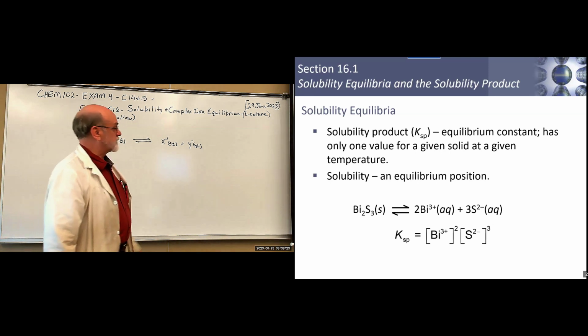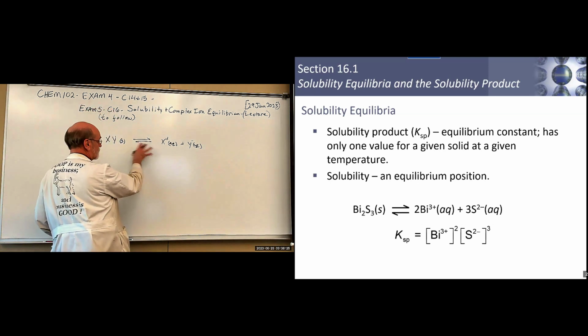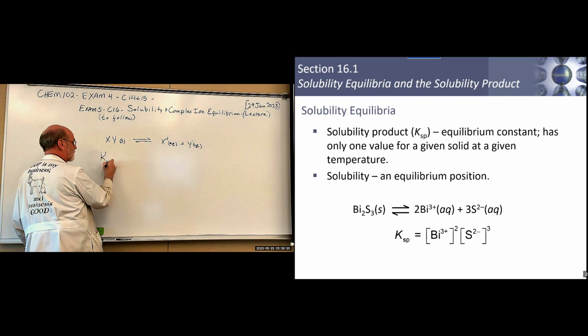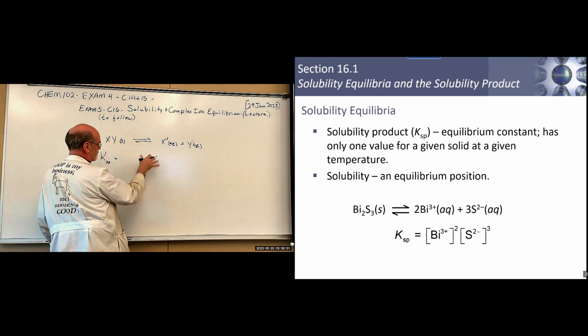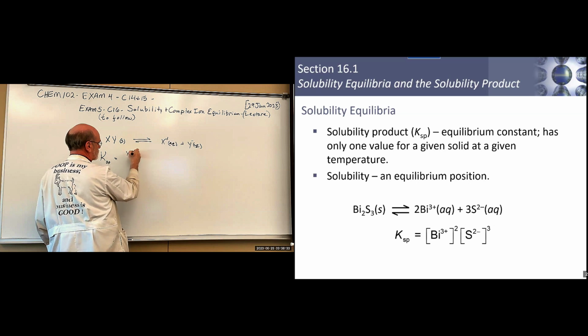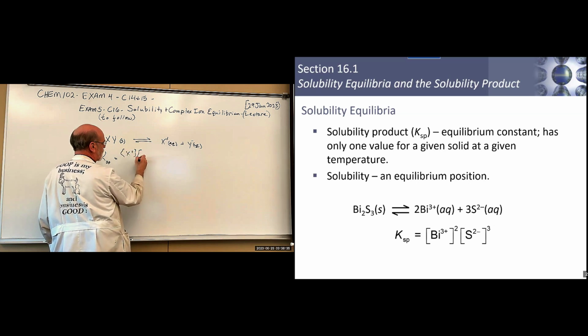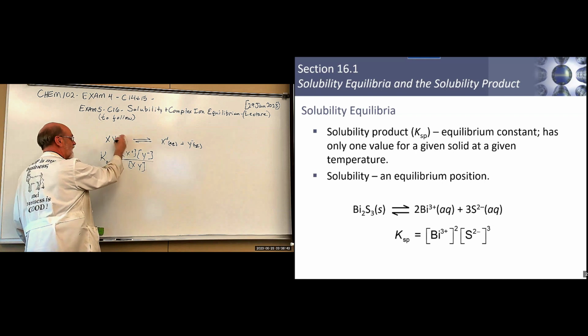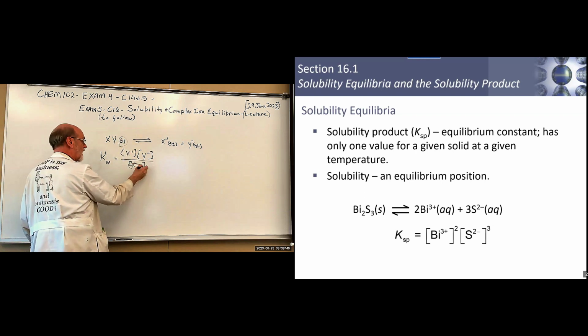So when we talk about solubility product, if we write the equilibrium expression for this one, we would put the products here, and we would want to put that one there, except that's a solid, right? So that goes out.